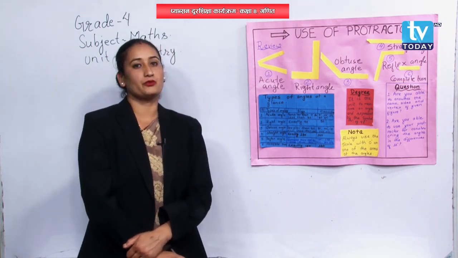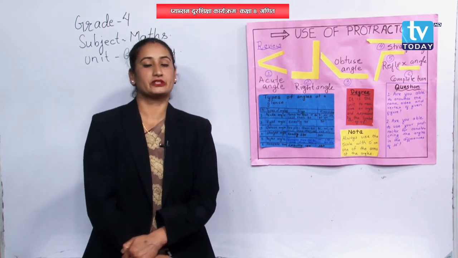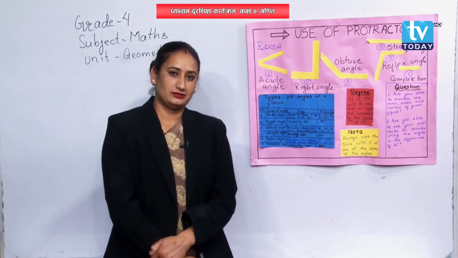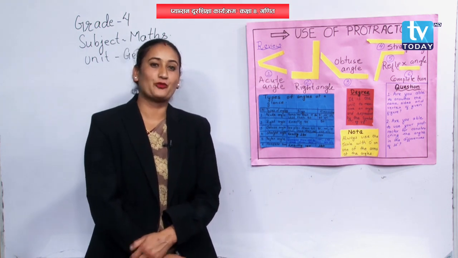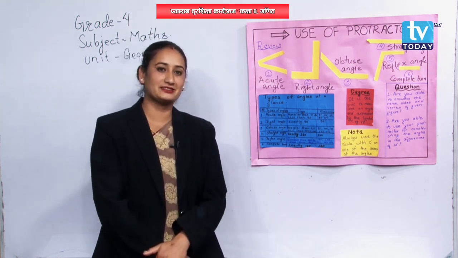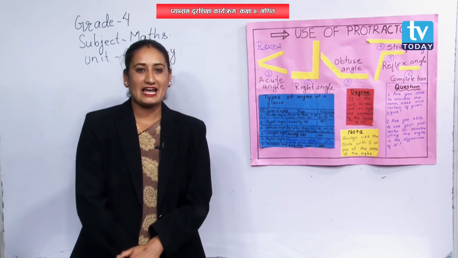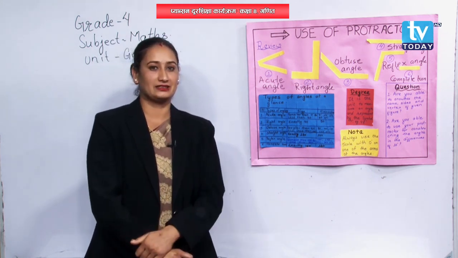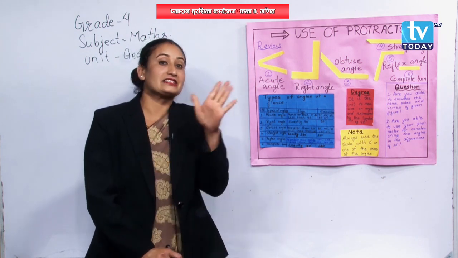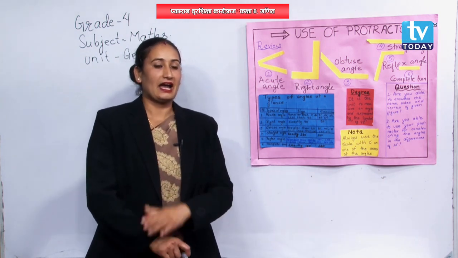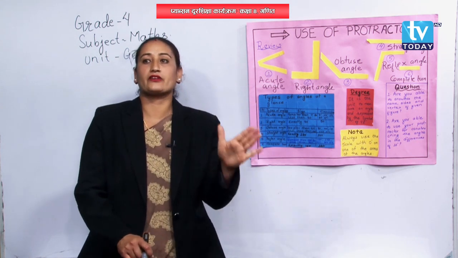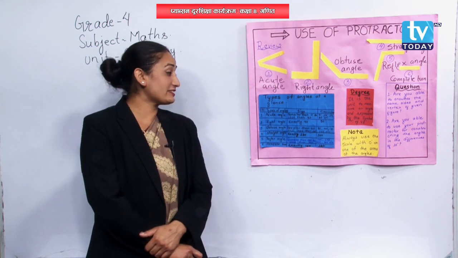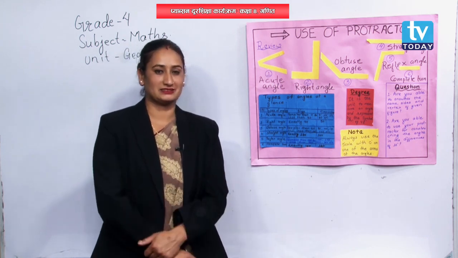Okay, then after that, what comes next? Obtuse angle, right? So in obtuse angle, what do we have to write? What is the size? Guess it. Okay, the size is greater than 90 degrees and less than 180 degrees. So greater than 90 degrees means what?